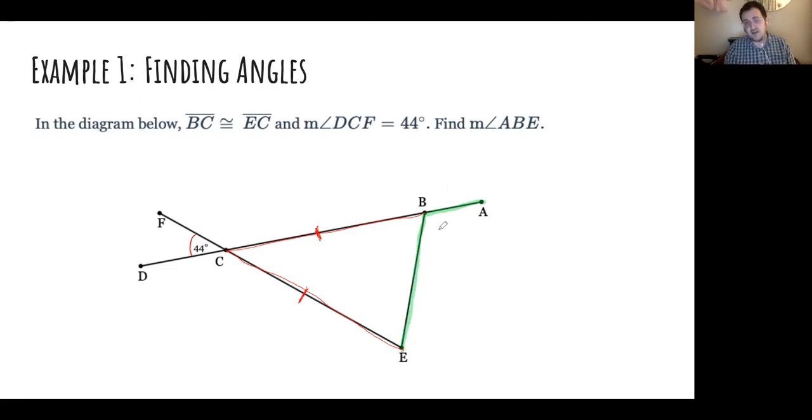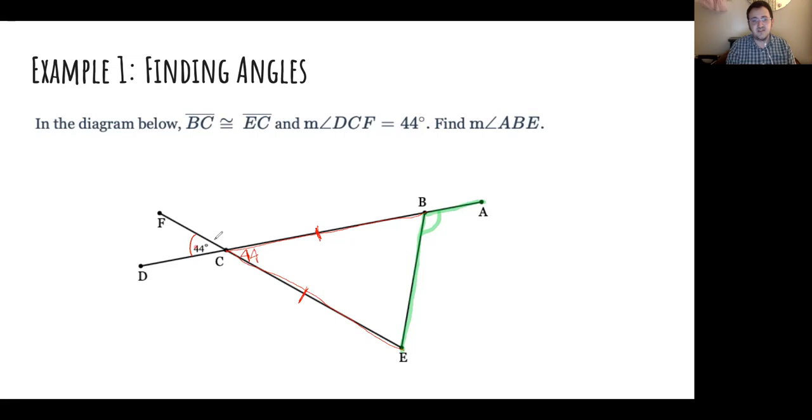So one thing I will say is that if you are trying to immediately solve for the angle that they are asking, you may find yourself stuck. However, there are angles that are much easier to find. So the first one that I would do is I would start at the 44, and I could see pretty quickly that the angle over here is 44.